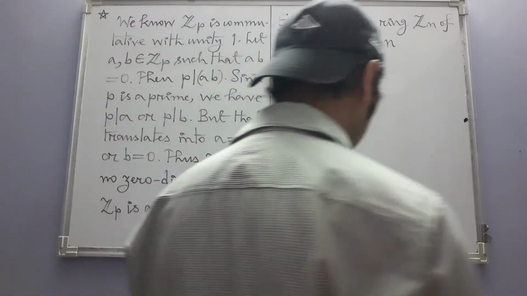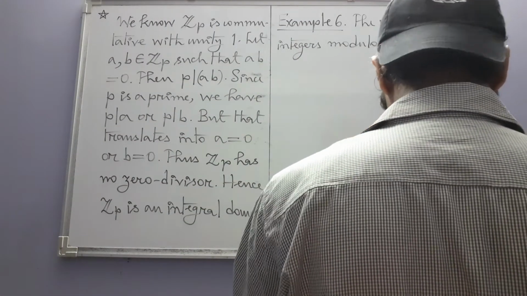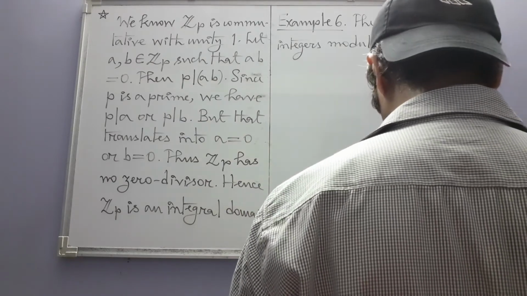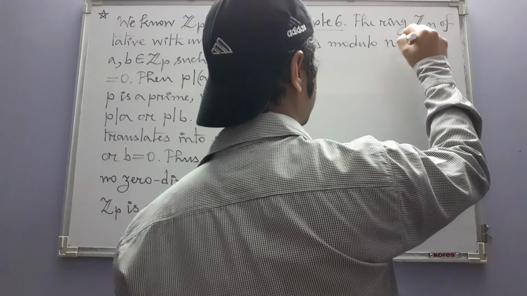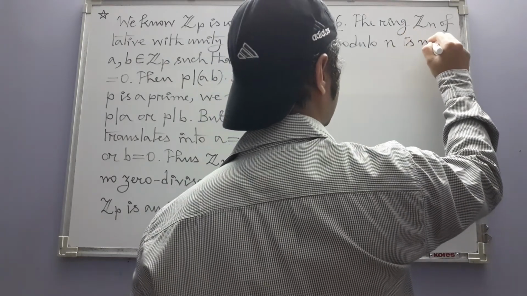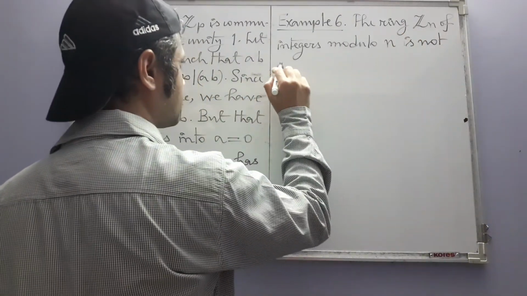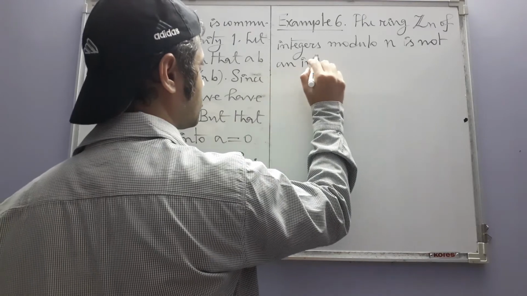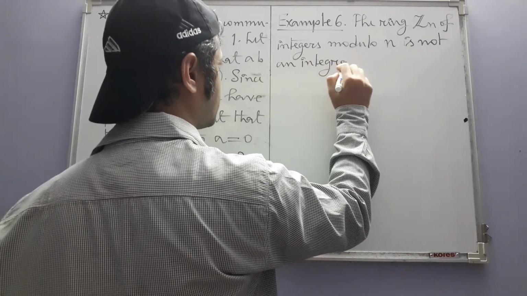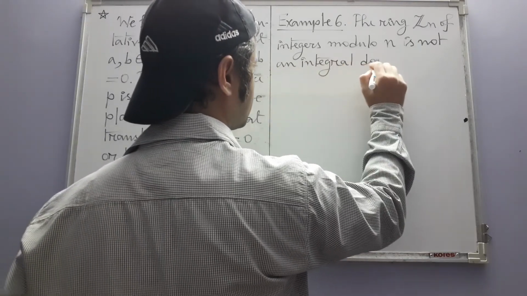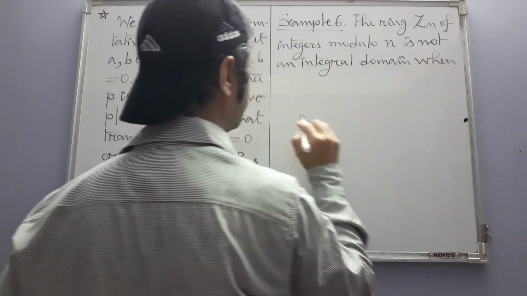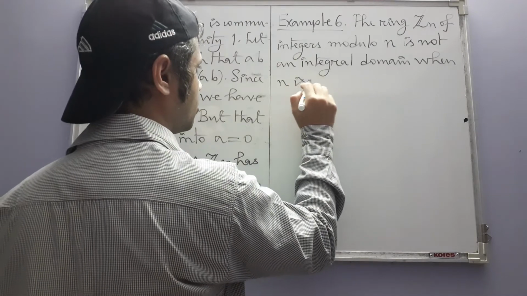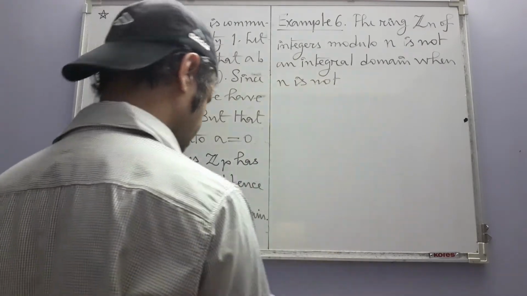There is no point in considering negative integers, because they will give you the same thing. Zn is not an integral domain when n is not prime.